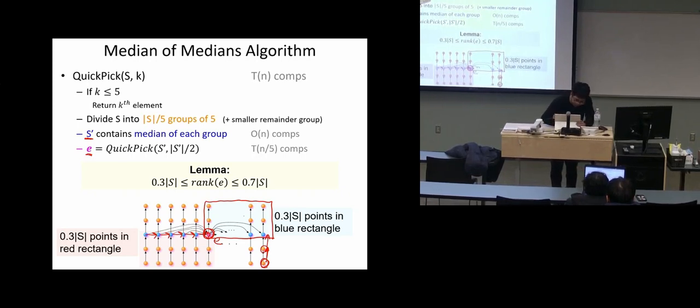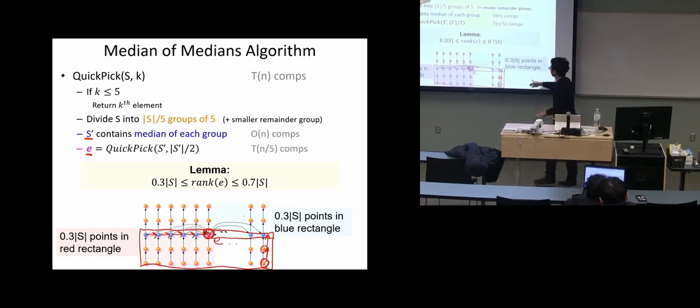If I draw this whole box up to here, this is a 3/5 fraction of the whole thing, and the red box needs to be at least half of 3/5.